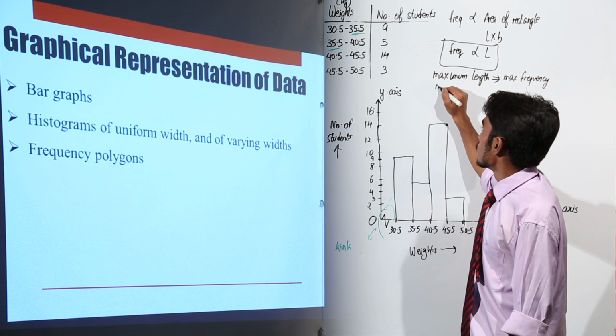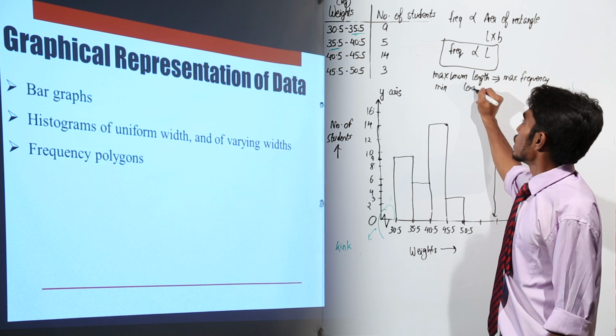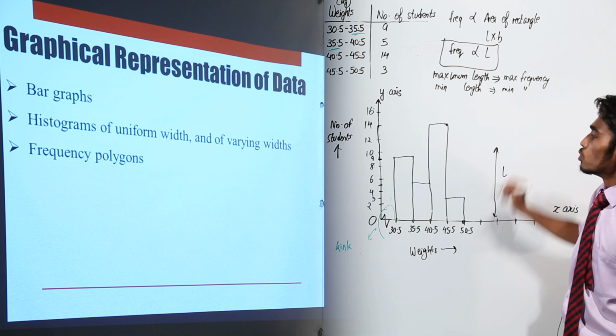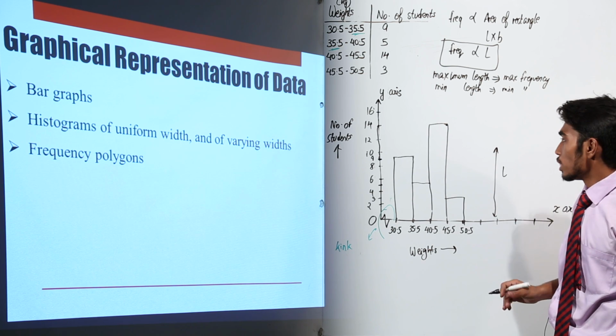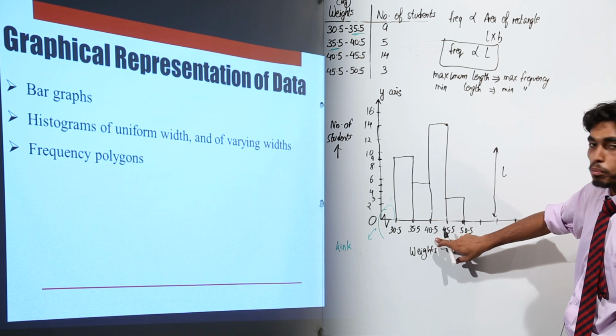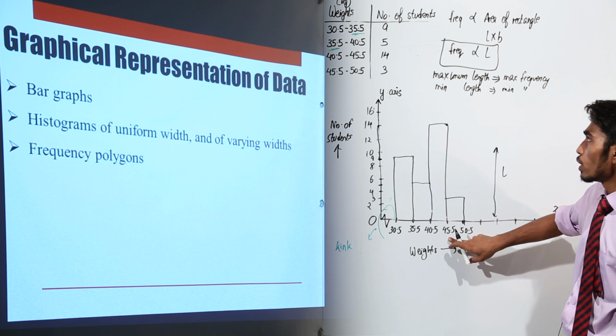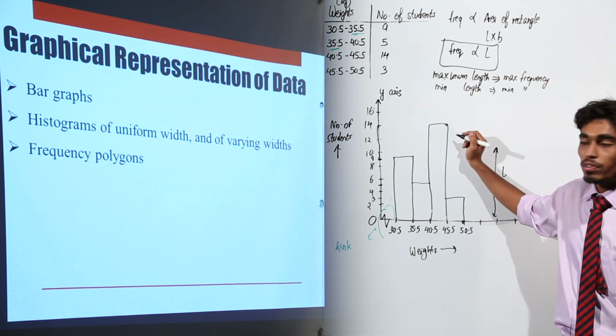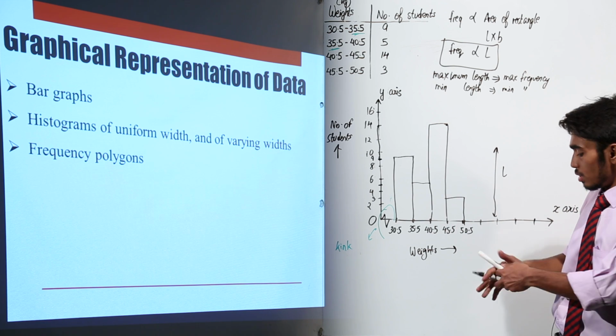And minimum length corresponds to minimum frequency, right? So I can see from this histogram that here this one 40.5 to 45.5, maximum number of students, they fall in this category, right? It is very easy for me to compare the data right here.